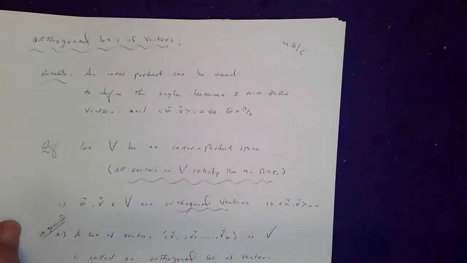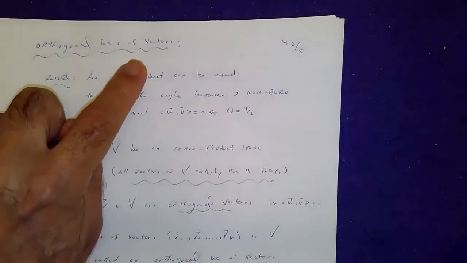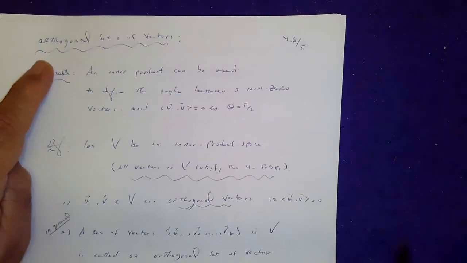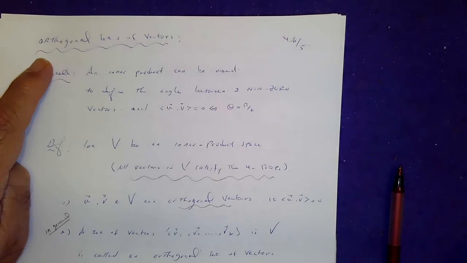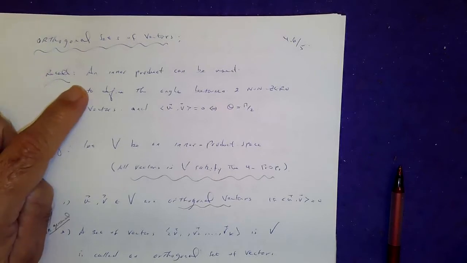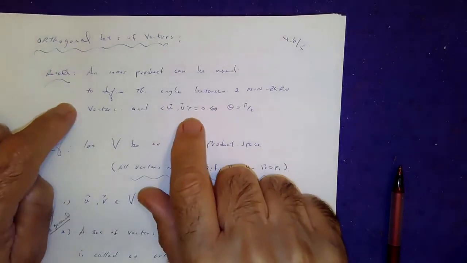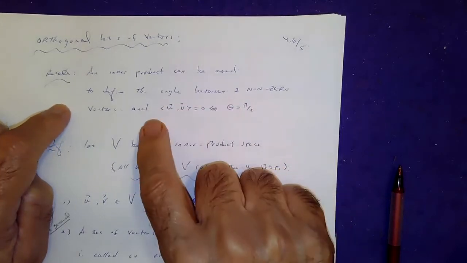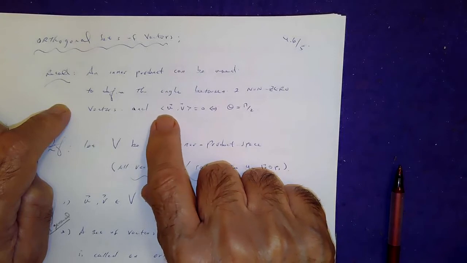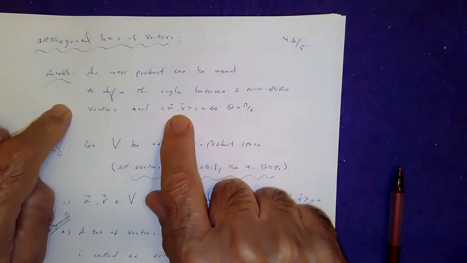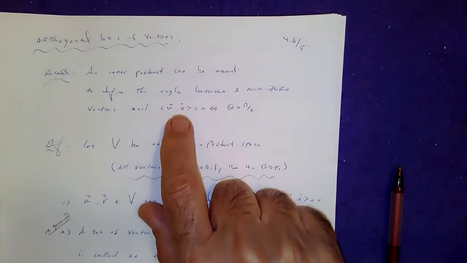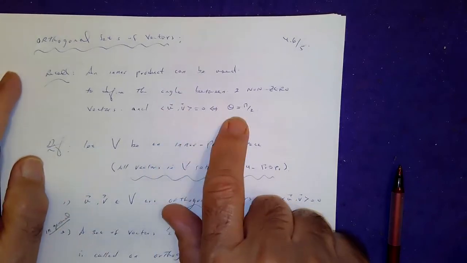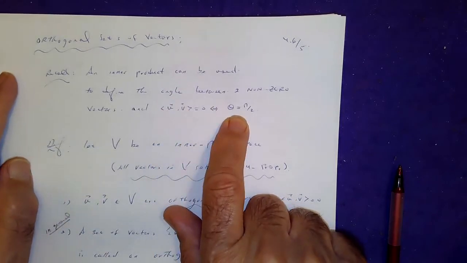Then we have something called an orthogonal set of vectors. Orthogonal, remember, is the general term for perpendicularity. An inner product can be used to define the angle between two non-zero vectors, and if the inner product of two vectors in an inner product space is 0, that means theta has to be pi over 2.